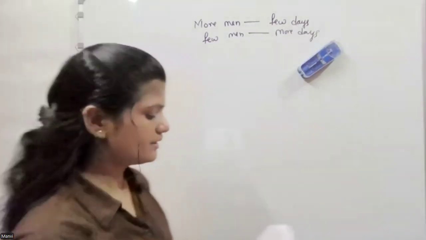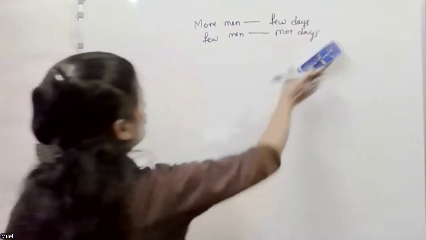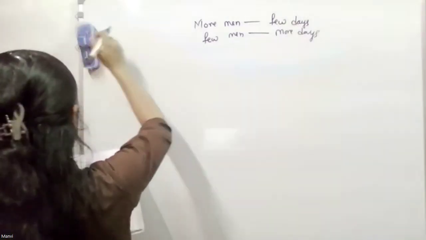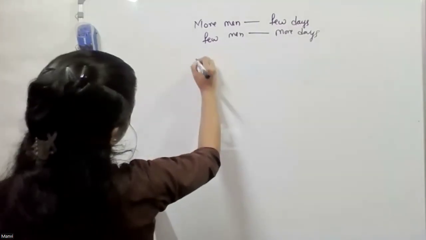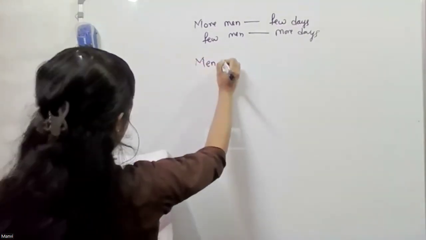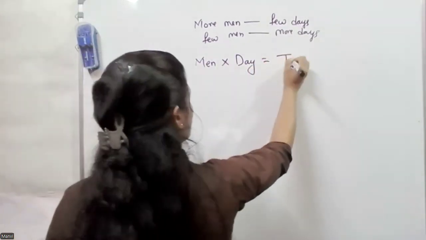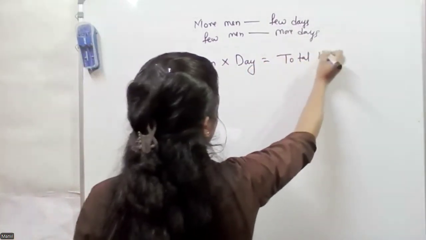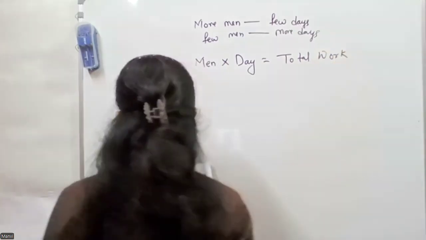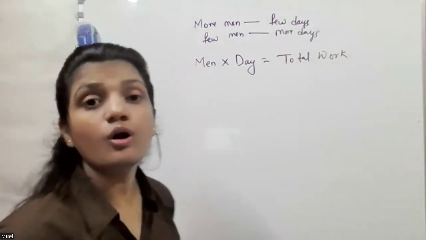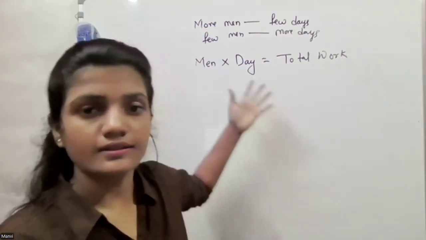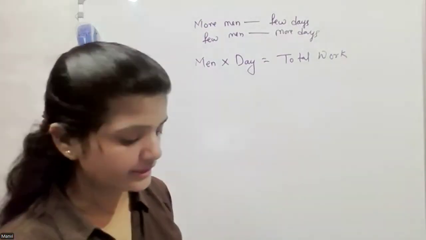The main key formula that we are using here is man times days equals total work. This is called worker days.